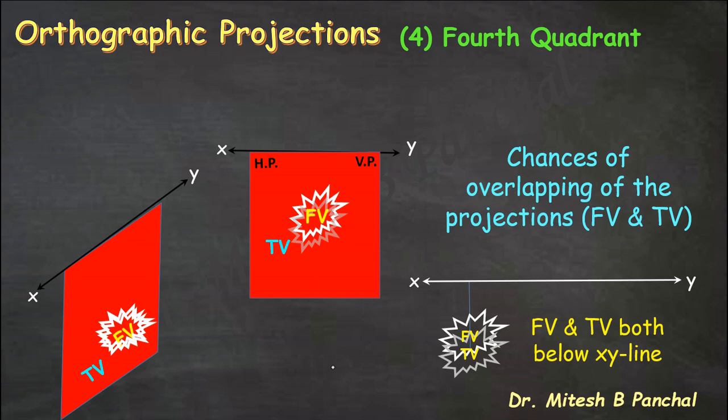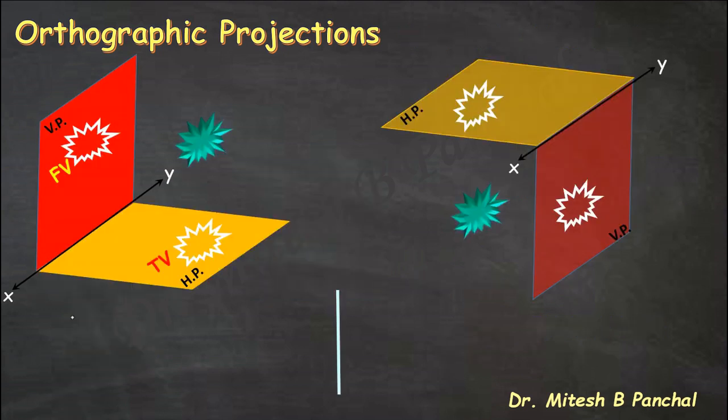So considering that limitation of overlapping of the projections, in real practice, second quadrant and fourth quadrant are generally not considered for the projection system. So mainly we are dealing with the first quadrant and third quadrant. So the first quadrant is like this. Object is above HP, in front of VP.